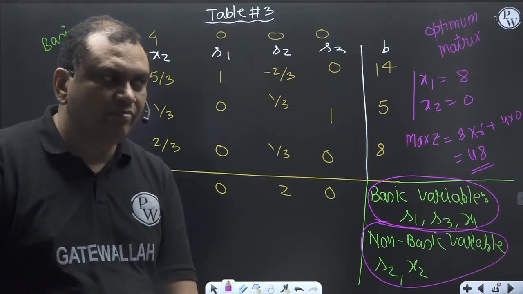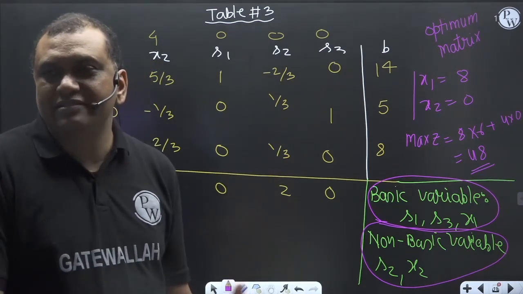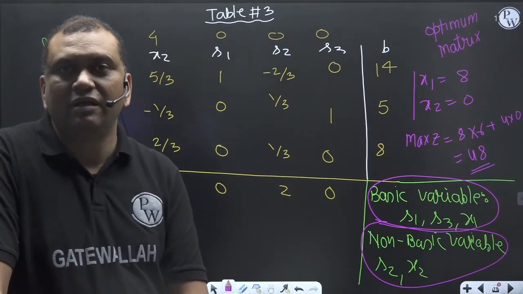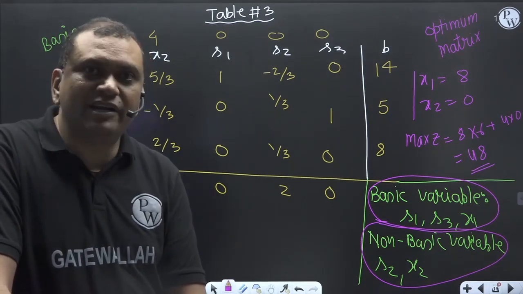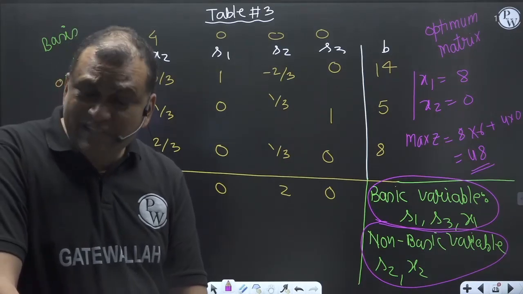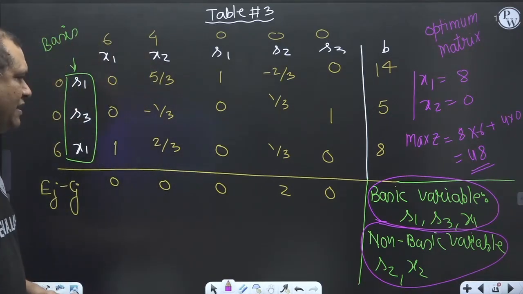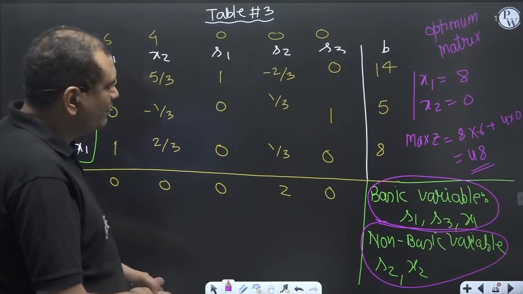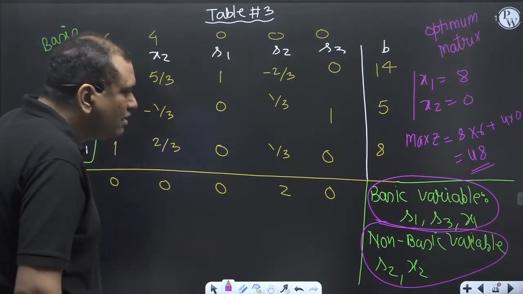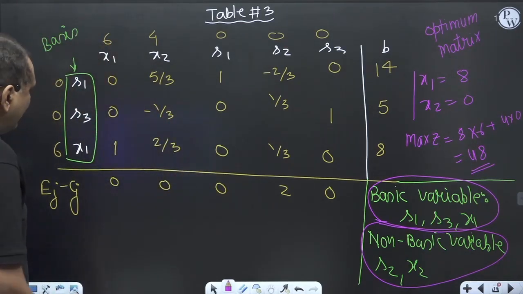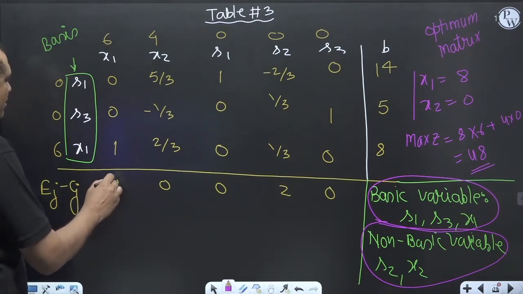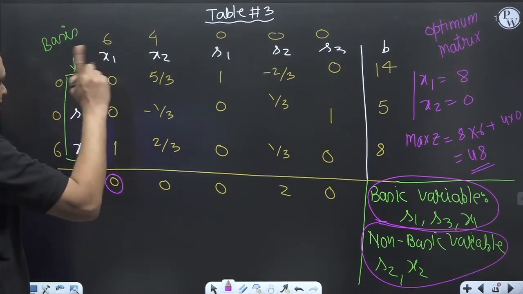Now, during our practice, we have constructed multiple simplex tables. In each and every simplex table you must have seen that in Cj minus Zj there will be 0 below each basic variable.